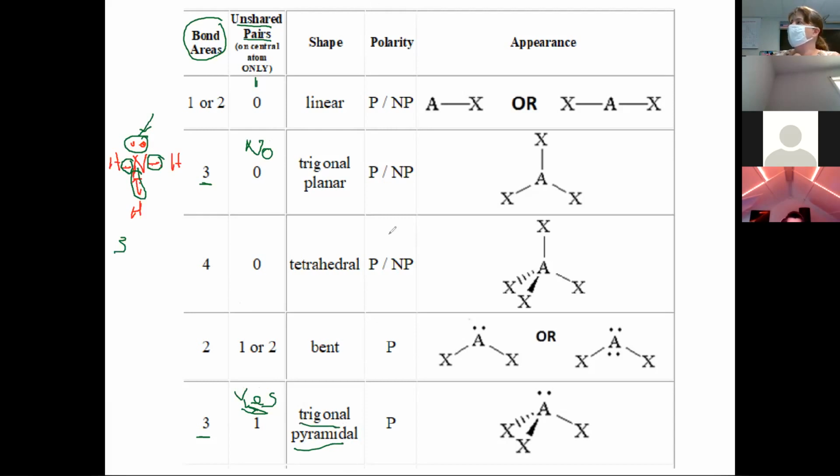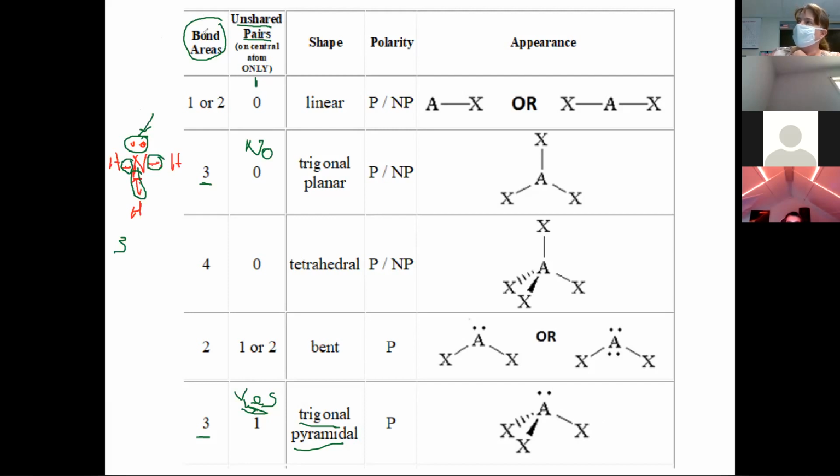This next column, where we talk about polarity, we'll go into that later. Notice my drawing here does not look exactly like this drawing, because this one shows these all pushed down. This one just shows this plus sign. And these unshared pairs may have gone on any side depending on where you drew your hydrogens. So we're just going to use these 2 columns to do that.